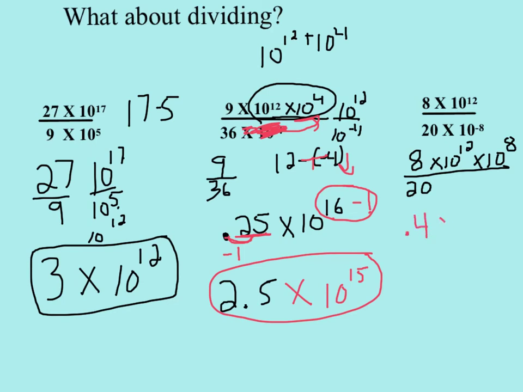And now I'll do multiplied to 10, and my 12 and my 8 will combine to 20. All right, so let's adjust this a little bit. I need to move this decimal over to right here. So I'm going to say 4 point, and it's going to move one place, so that's a -1 move. So 4 multiplied to 10 to the 19th power.